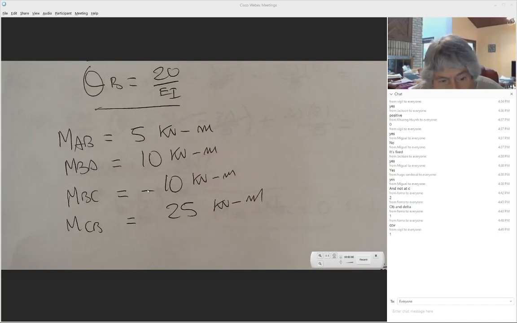This came negative, this came positive. For the moments AB and BA, there was no load in the span. I have 5, I have 10. My check is that at joint B the moments had to be equal and opposite. And this could be positive, it could be negative, but how do I obtain this value?